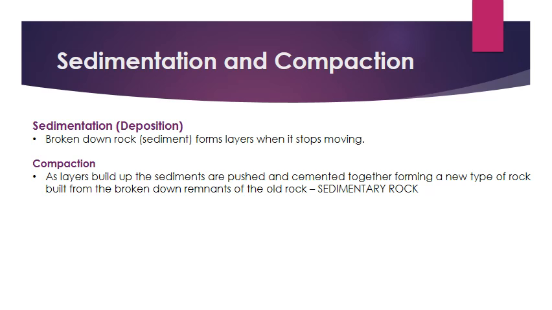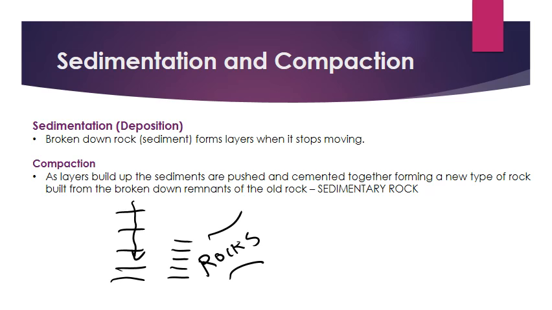Sedimentation is where things are deposited somewhere else, and compaction is where layers build up and up and up, and they start pressing down on each other, and eventually you get those layers in a smaller form. That's compaction. And that's how rocks tend to form from sediments, and you'll find that out a little bit later when we learn about sedimentary rock.